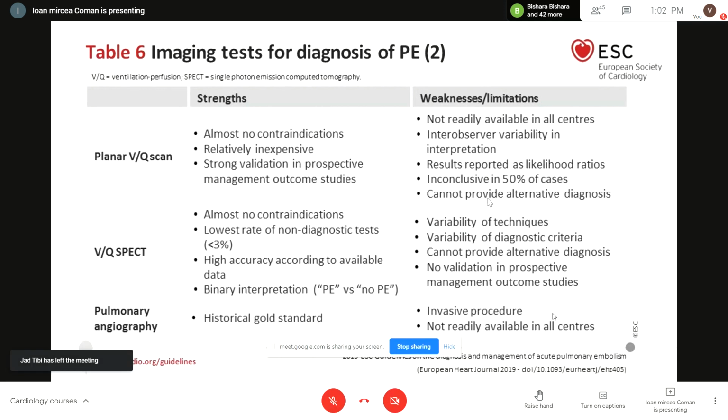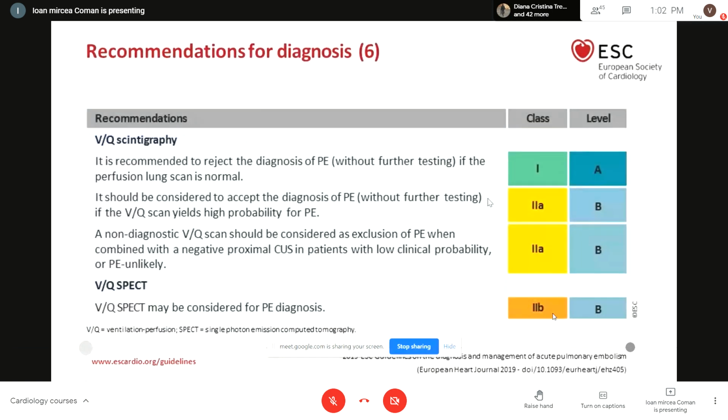Ventilation perfusion SPECT, of course, is better. It has higher sensitivity and specificity, but availability is even less. While pulmonary angiography was a historical gold standard for diagnosis, where you could see the obstructed vessels by injecting iodine, nowadays it's very rare that we use it for diagnosis.